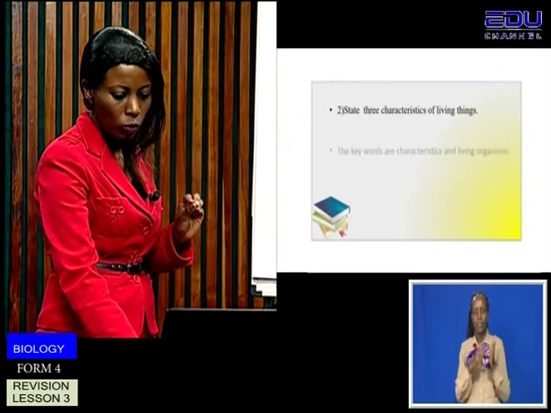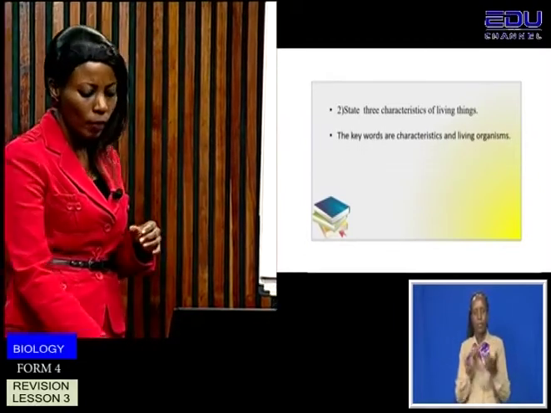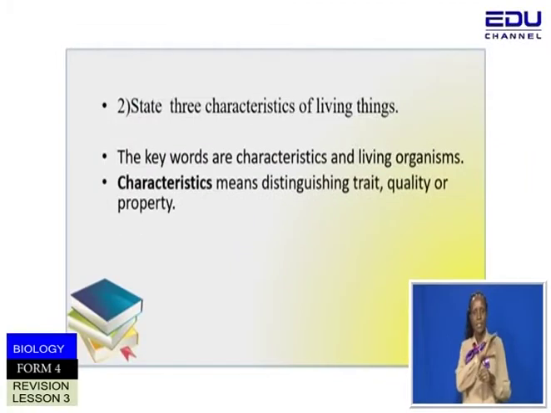We go to our definition of the word characteristics, and basically, characteristics are distinguishing traits. So when you are asked 3 characteristics of living things, what are the distinguishing traits of these living things?